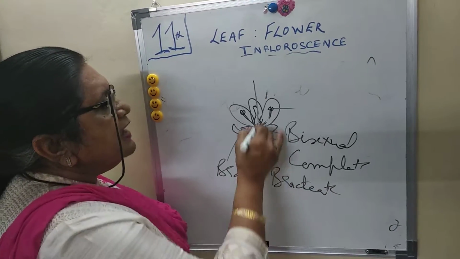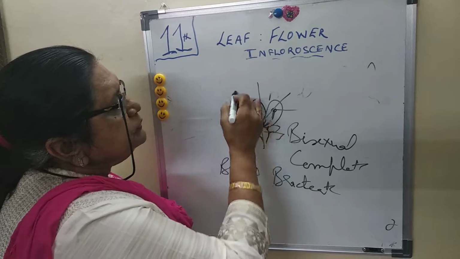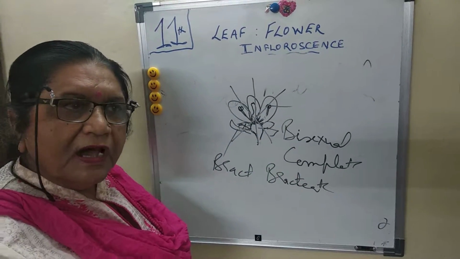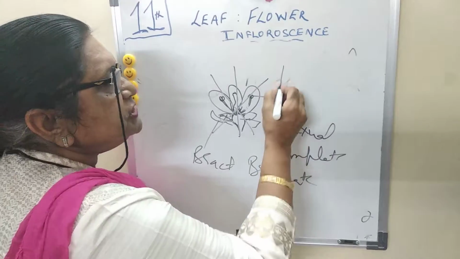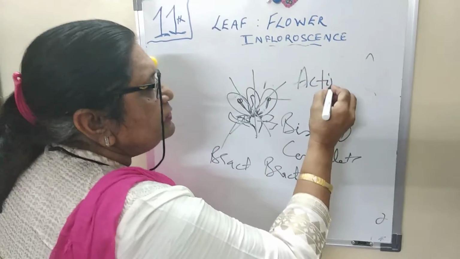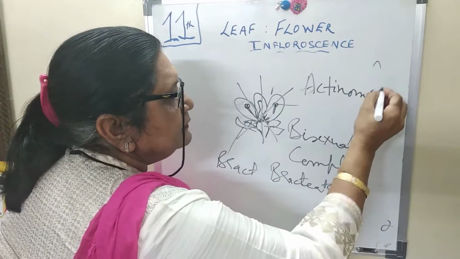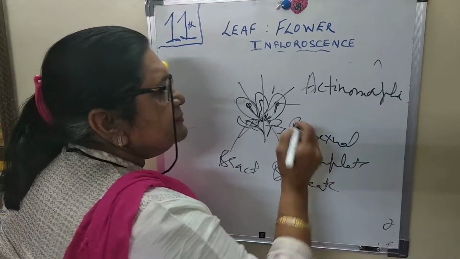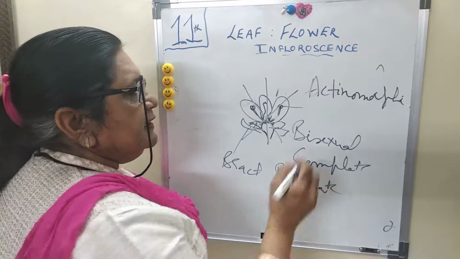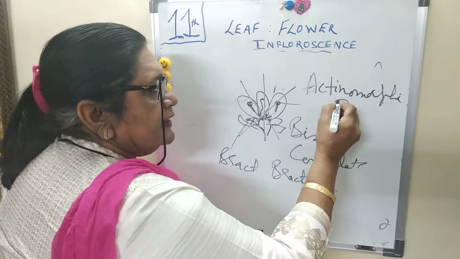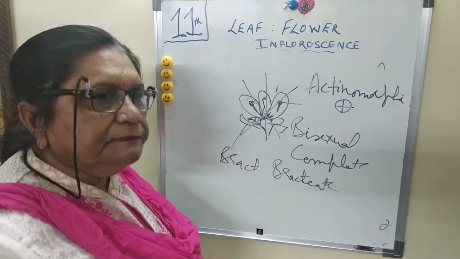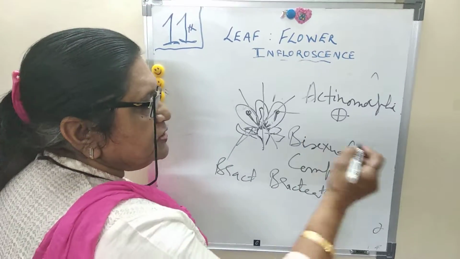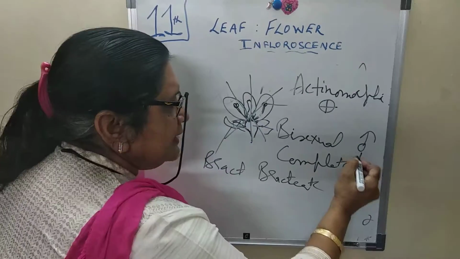If the flower can be cut into two equal halves vertically, the condition is called actinomorphic. When you learn the families, there is a symbol like this. Bisexual symbol, like this.